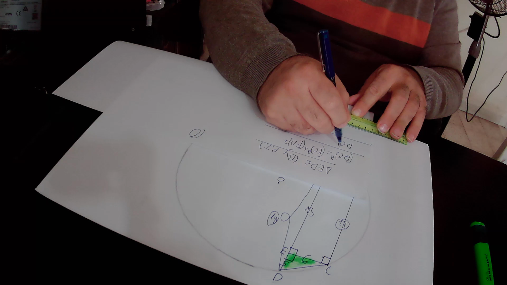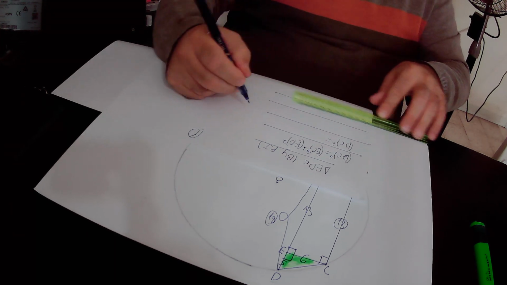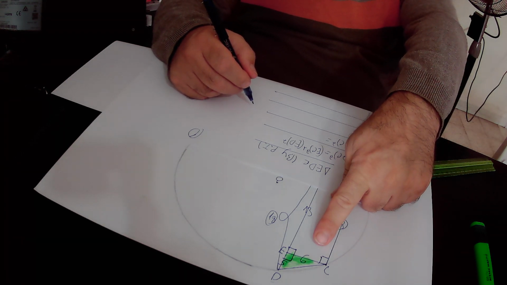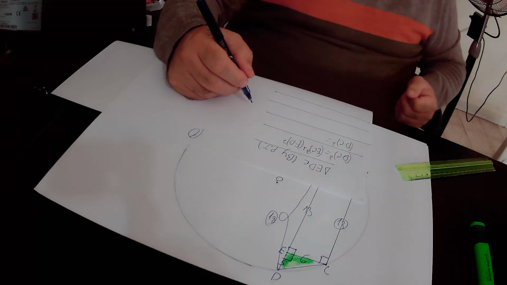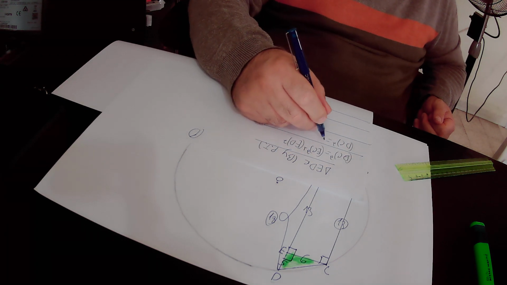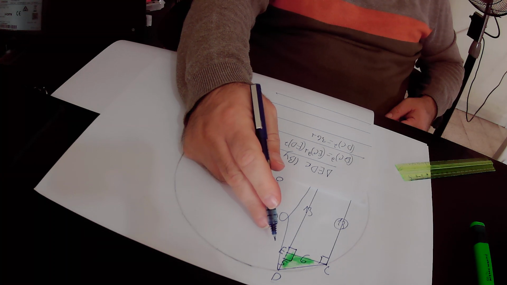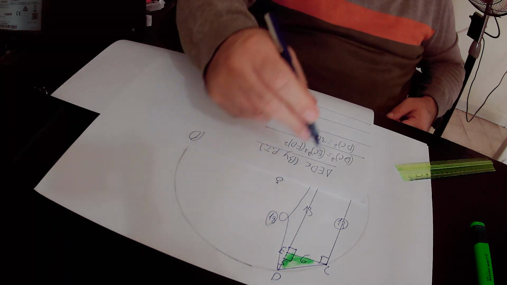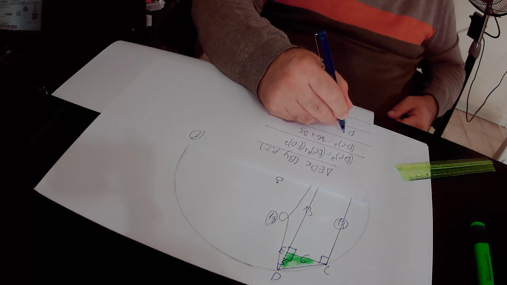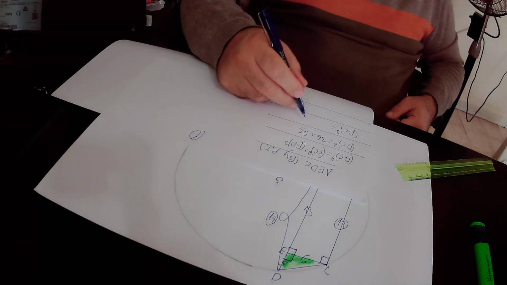So DC squared equals EC squared, which is 6 squared, that is 36, plus ED squared. ED equals 5 units, therefore ED squared equals 5 squared, that is 25. So in conclusion, we found that DC squared, the square of the hypotenuse of the green triangle, equals 36 plus 25, which is 61.